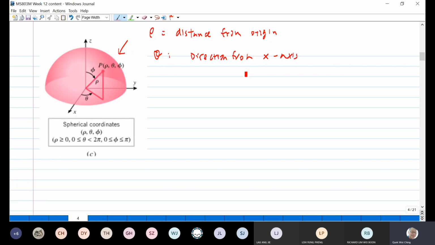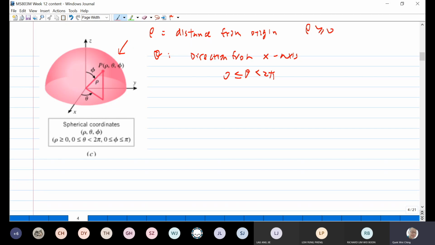This angle theta can be from 0 to 2 pi, but not equal to 2 pi, so that there is no confusion. So 0 means 0, and it is less than 2 pi, because 2 pi can be equal to 0, right? The rho is the distance from the origin, so of course rho is always greater than or equal to 0.